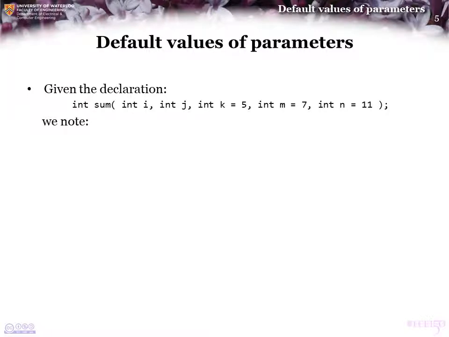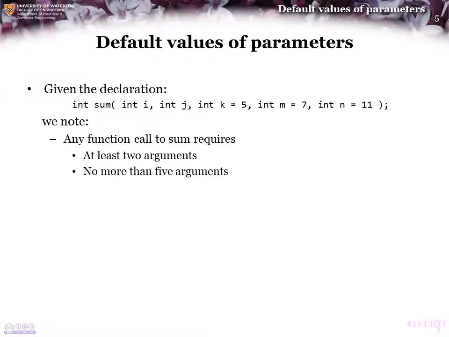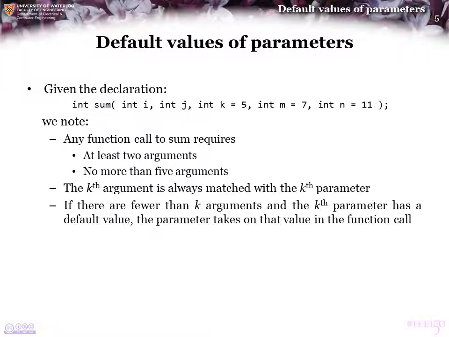Now, given the declaration of this particular function sum, we note that any function call requires at least 2 arguments. However, no function call can have more than 5 arguments. So you can call this function with 2, 3, 4, or 5 arguments. The kth argument is always the initial value of the kth parameter.